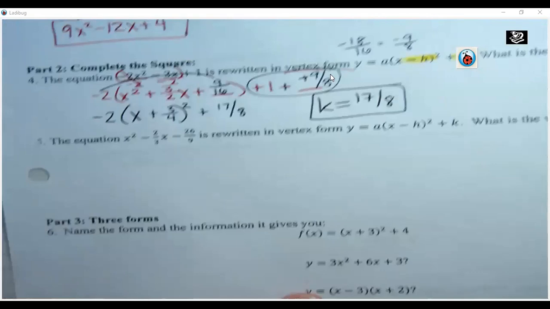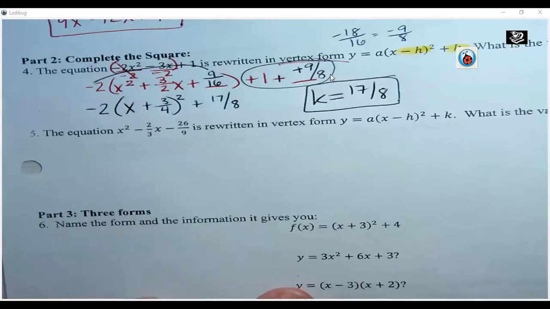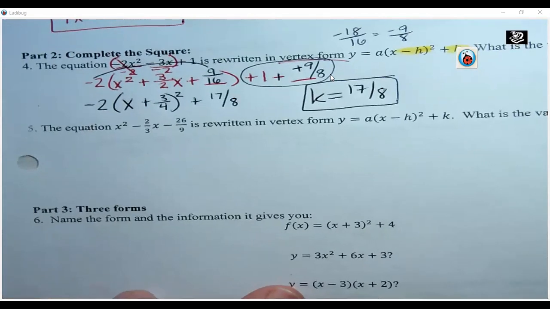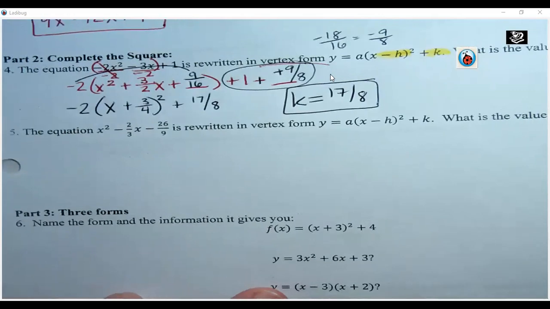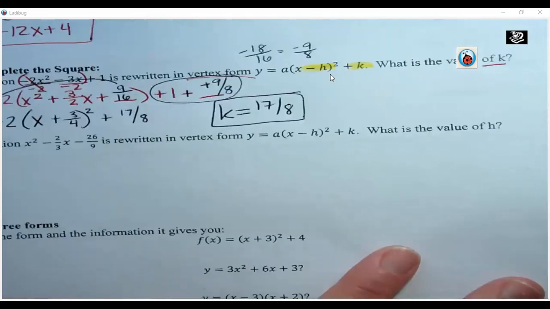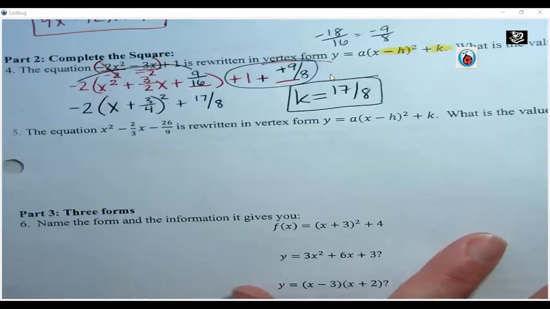All right, the equation x squared minus 2/3 x minus 26 over 9 is rewritten in vertex form. Y equals a, x minus h squared plus k. What is the value of a? All right, what do I do first?